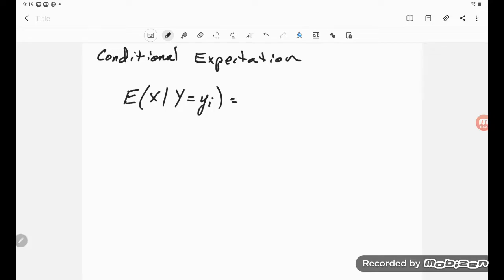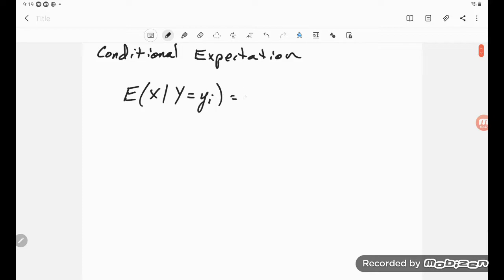If I want that, that's just the sum over j of xj times the probability that x equals xj given y equals yi.